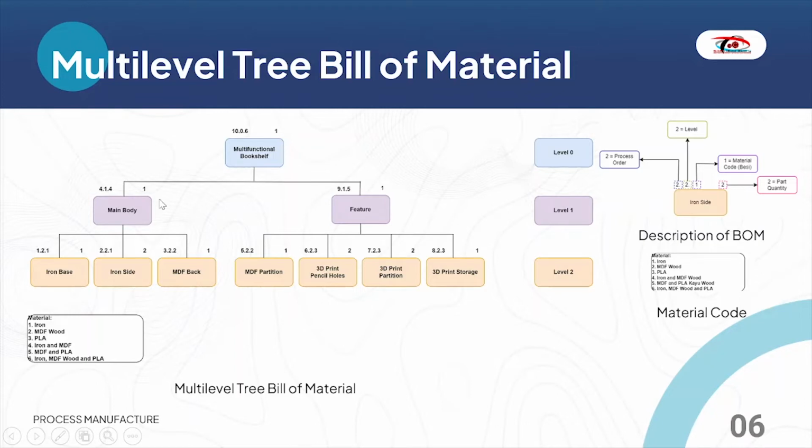For example, the main body contains the iron base, whose material is iron, and the MDF back, whose material is MDF wood. So the main body is made of 2 materials, so we have to define a new material code, such as iron and MDF. This is the new material for the main body. The same goes for the features and the multifunctional bookshelf.